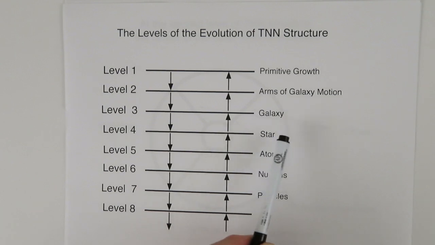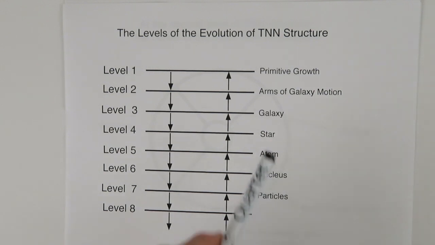The third level might be the evolution of galaxies, as we described in an earlier video. The fourth level might be the evolution of stars within galaxies. The fifth level may be the evolution of atoms within stars. The sixth level might be the evolution of the nucleus and the relationship to the total structure of the atom. And then the seventh level may be the evolution of particles.